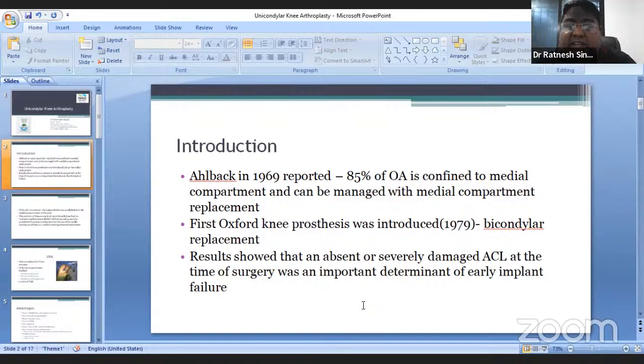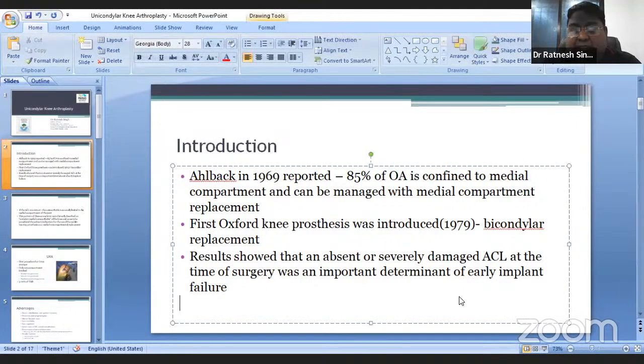It was initially designed for osteoarthritis and rheumatoid arthritis cases, but over time it has been shown that an absent or severely damaged ACL at the time of surgery was an important determinant for early implant failure. So if the ACL was intact, the osteoarthritis was limited to the medial compartment of the joint only.